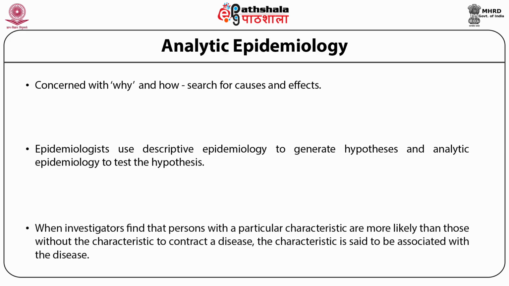When investigators find that persons with a particular characteristic are more likely than those without the characteristic to contract a disease, the characteristic is said to be associated with the disease. Thus, analytic epidemiology is concerned with the search for causes and effects, or the why and the how.